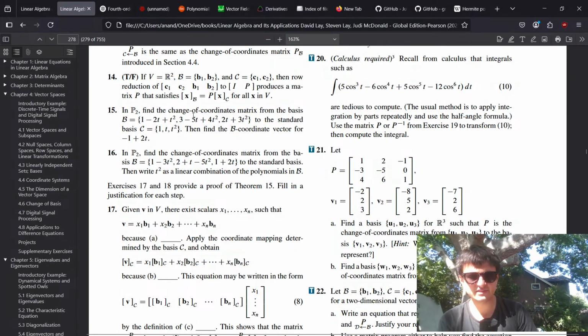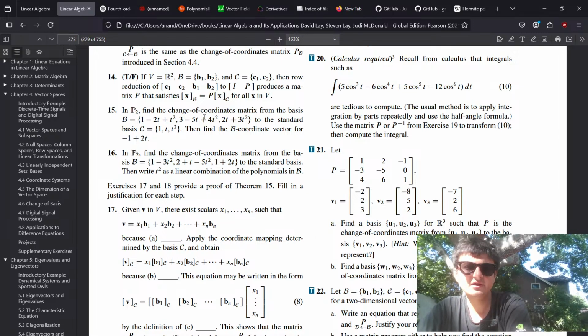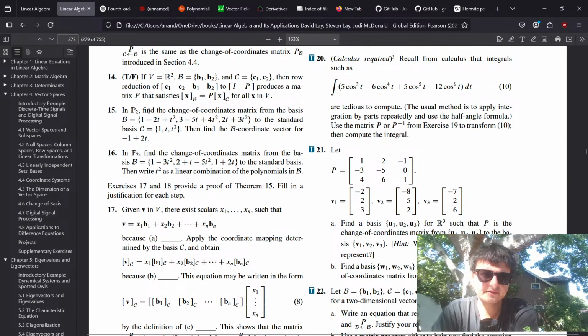So each one of these is a vector, and it's going to be a column. And in fact, it's the way to take a vector in B and give you a vector in C. I feel like it's really helpful to think about what (1, 0, 0) does, because then you're going to see this first column is (1, -2, 1).